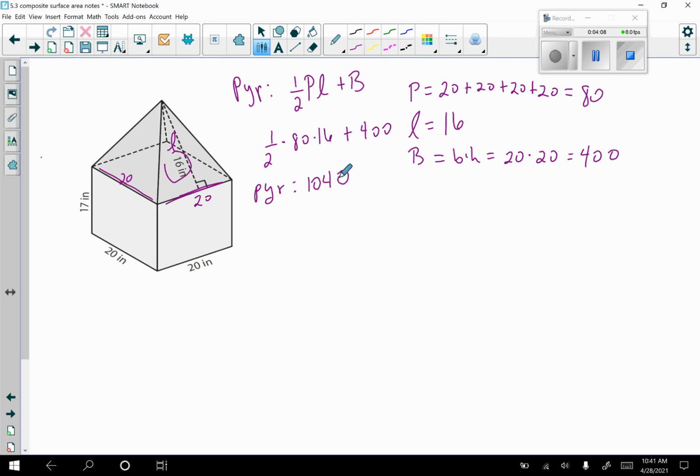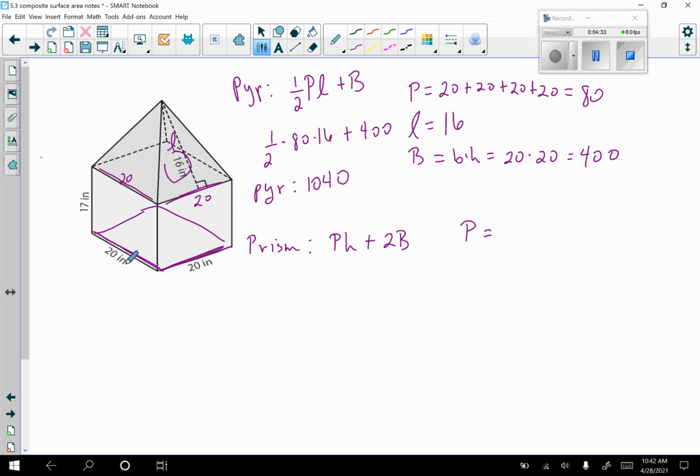Now we need to do the prism. The surface area for a prism is perimeter of the base times the height of the prism plus 2 times the area of the base. So you have to calculate the perimeter. Remember, for the rectangular prisms, we're using the bottom side as our base.